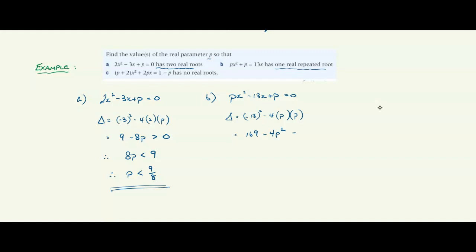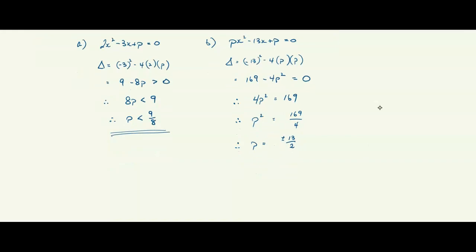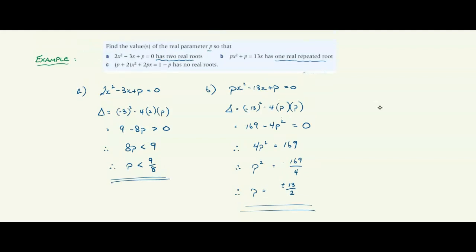So I want that to equal 0, one real repeated root. So therefore, I need my 4p squared to equal 169. So therefore, I need my p squared, when dividing by 4, to equal 169 over 4. And therefore, when square rooting, I need plus or minus 13 over 2. So I'm getting 13 over 2, 6.5, or negative 6.5. And when I have those values for p, I'm going to have one real repeated root.